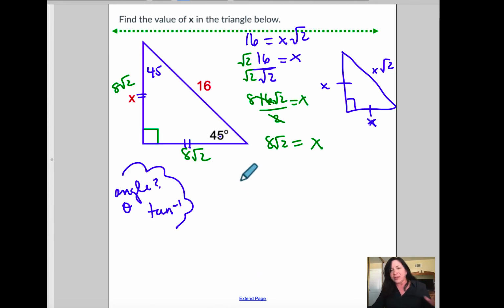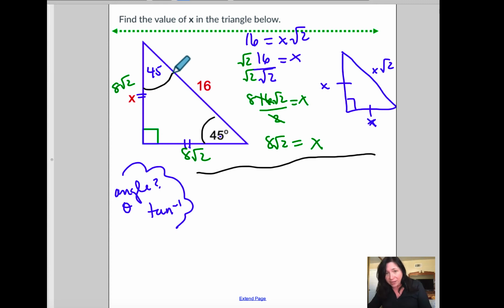Now, I know that seems a little bit tricky, especially if you've never done those before. Depending on what class you were in, this may be a new concept. However, another option for you was just to recognize again that this is a 45, 45, 90, and that if this is x, then this is the same value.